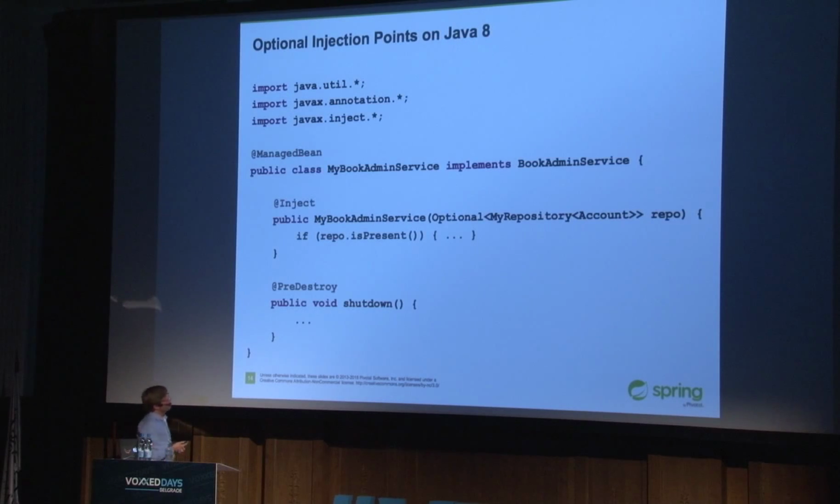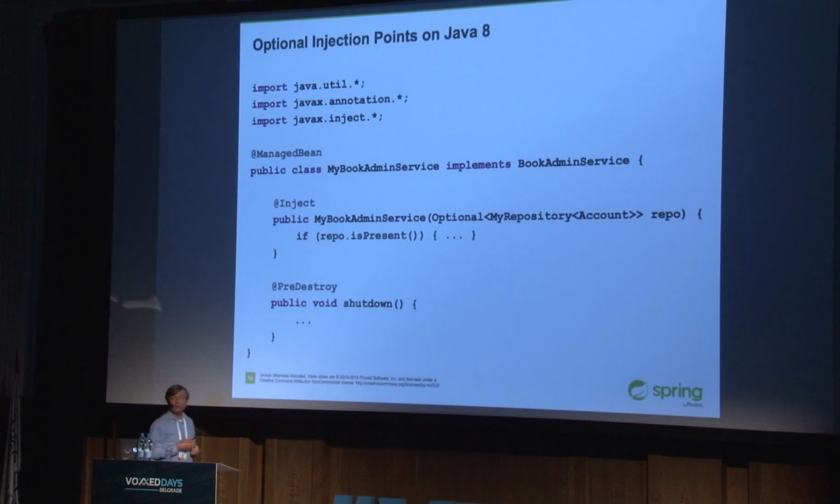Well, a couple of variants to conclude the base tour and give you the bonus section. The use of a couple of Java 8 types is now also supported, including the use of optional for parameters. So what if you came along and in your own source code declared optional of my repository of account in that signature?